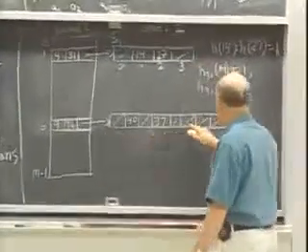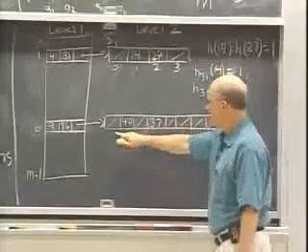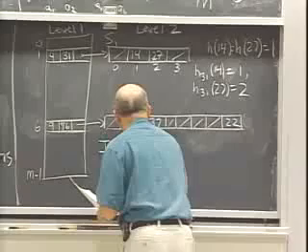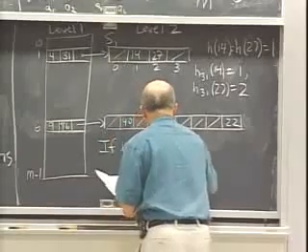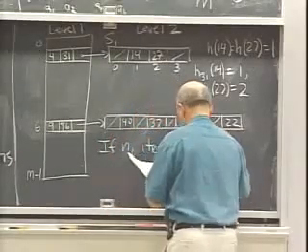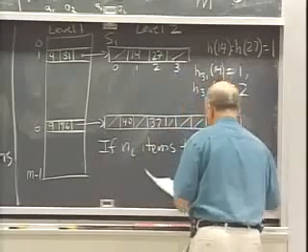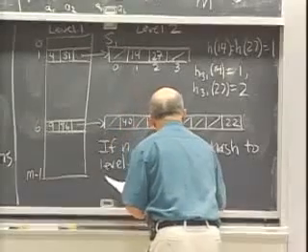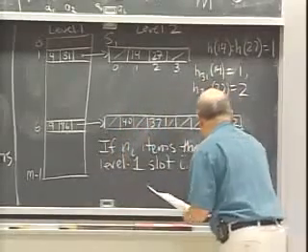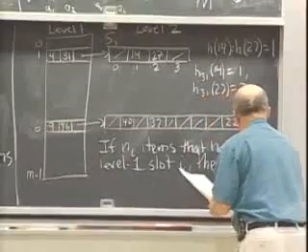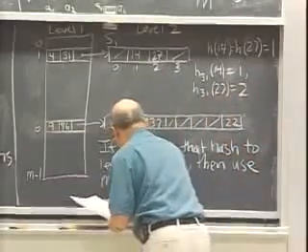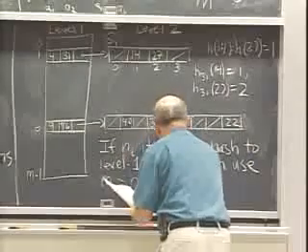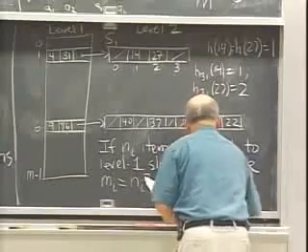The reason we're going to have no collisions at this level is the following. If there are n sub i items that hash to a level 1 slot i, then we're going to use m sub i, which is equal to n sub i squared slots in the level 2 hash table.